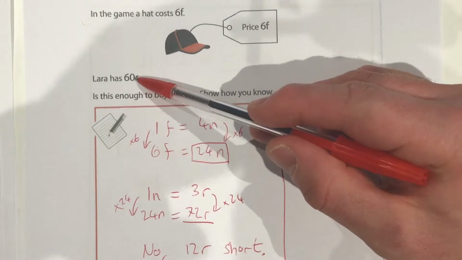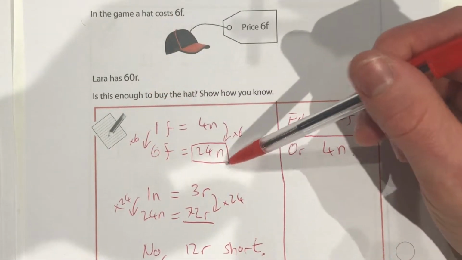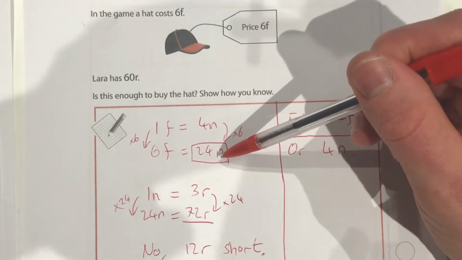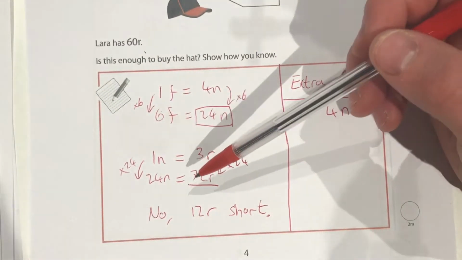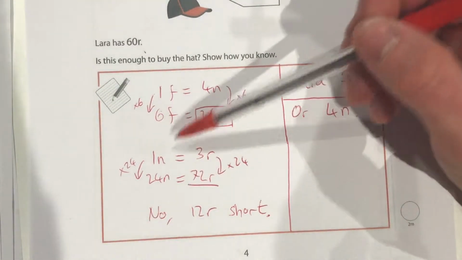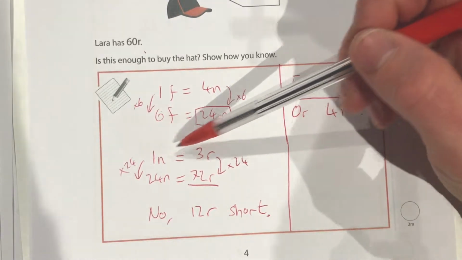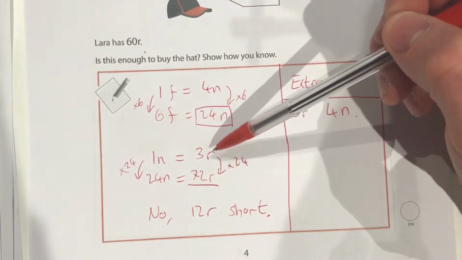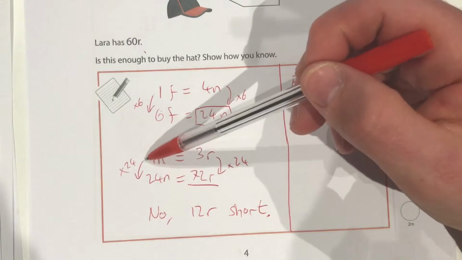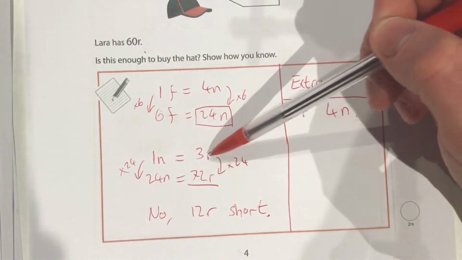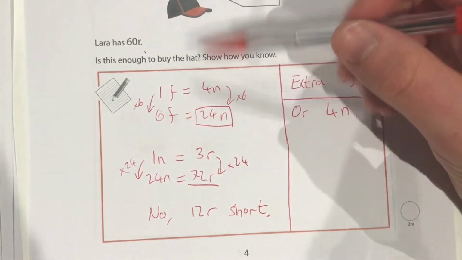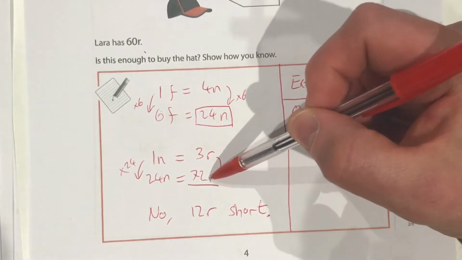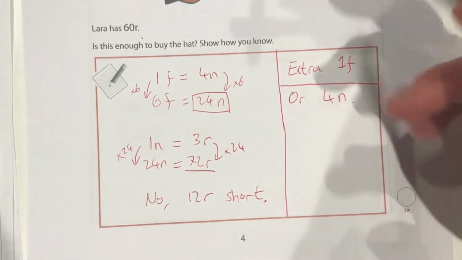But remember, Lara has got Rs, so we now need to change this to Rs to compare it. So what have I done here? Well, I've written down what I know, which is 1N is equivalent to 3Rs. I've now got 24, so I'd multiply by 24, which means I must multiply the Rs by 24. So 3 times 24 gives me an answer of 72. Remember, you've got a calculator, so use it.